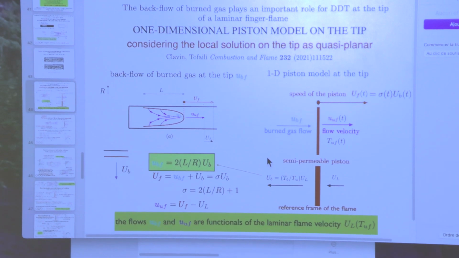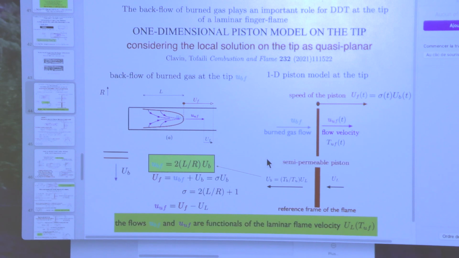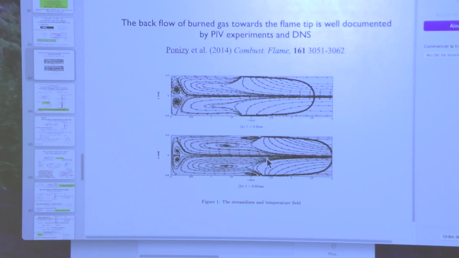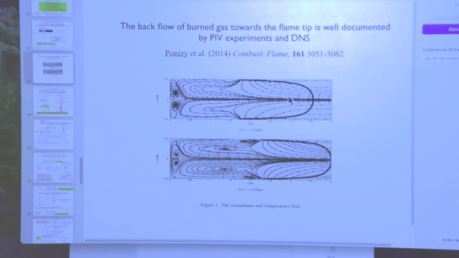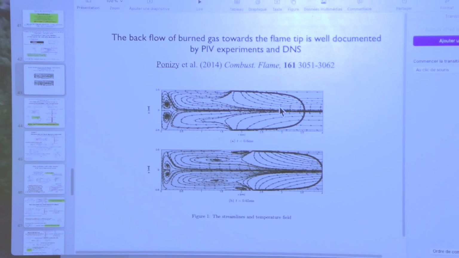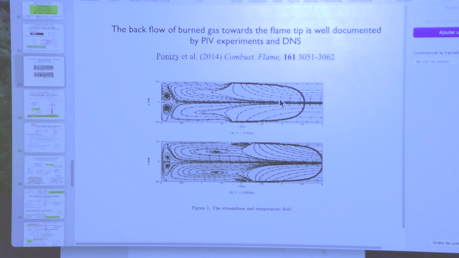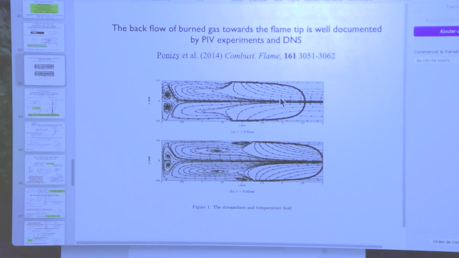Here is where I was at the end of the lecture. So this is the model. This is to show you that this backflow, which is an essential point for me for the transition, is well established in experiments by a group in Poitiers.